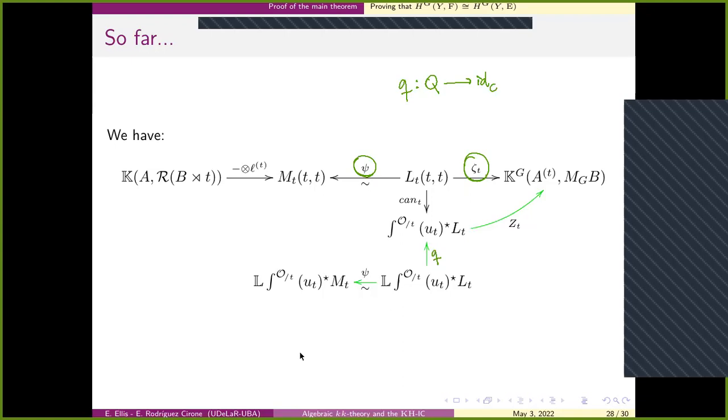And then we have here the homotopy coend. Since it is a homotopy coend, it preserves weak equivalences, and this is a weak equivalence. So we still have to take care of this first morphism.